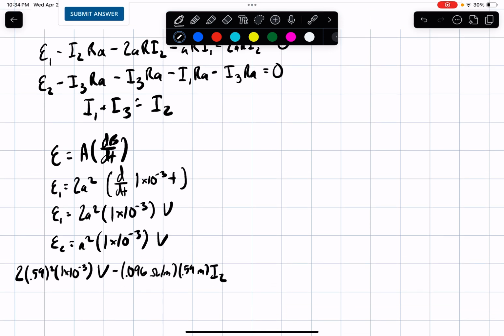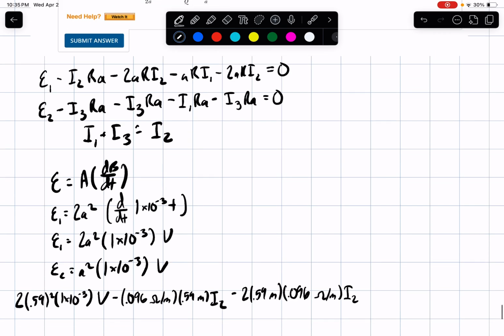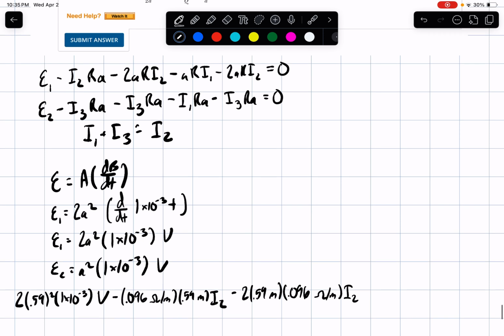And now you just continue plugging in stuff. So it'd be minus 2 times 0.59 meters times 0.096 ohms per meter, times I2. Or sorry, let's make things simpler for ourselves so that we don't have to write all this out.